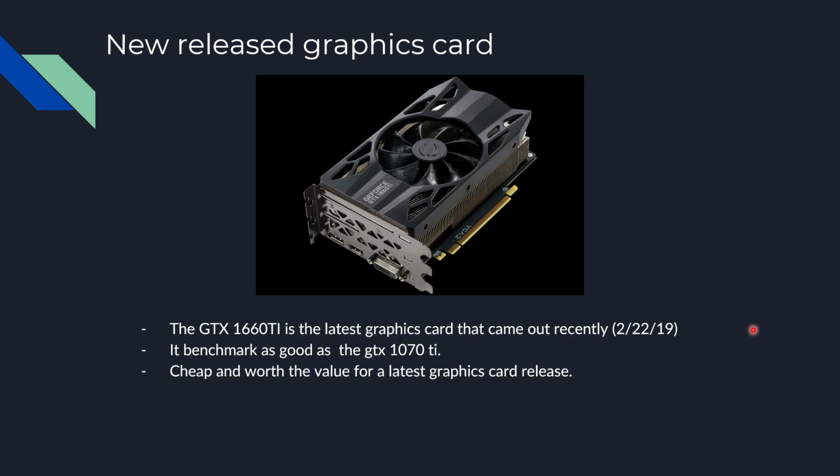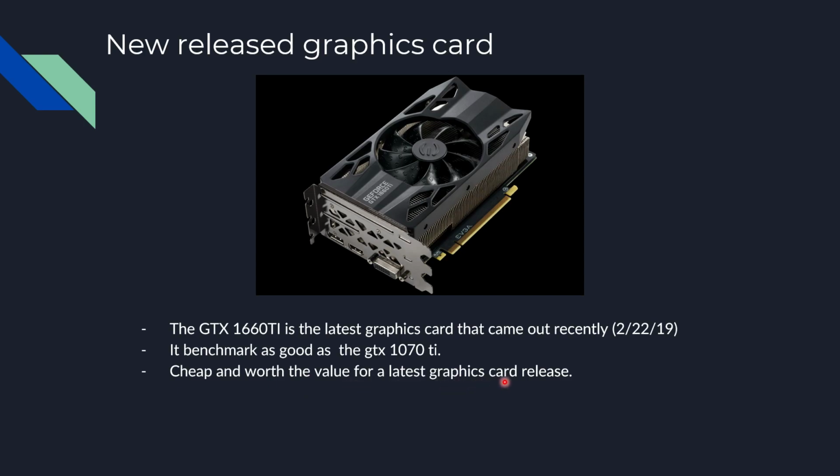I'd like to take this opportunity to introduce a new graphics card that was released recently on the 22nd of February. It benchmarked as good as the GTX 1070 Ti, which is the graphics card that I'm using right now. And the good thing is that it's cheap and worth the value for a latest graphics card release.